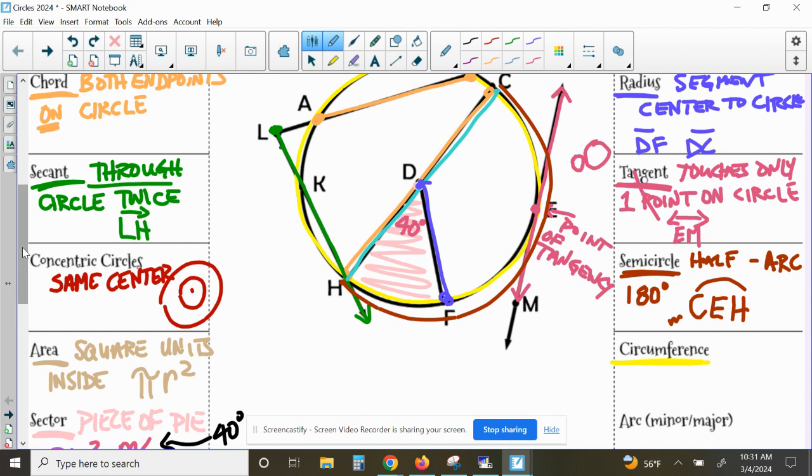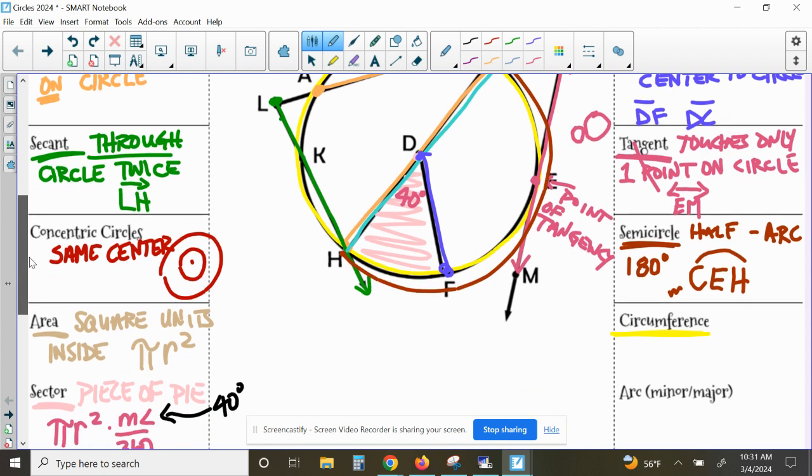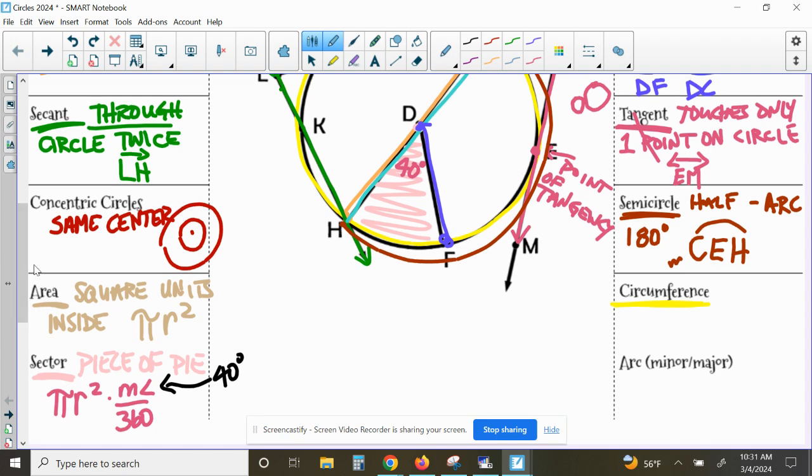So circumference is the distance or length around.